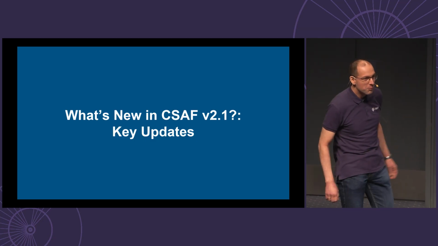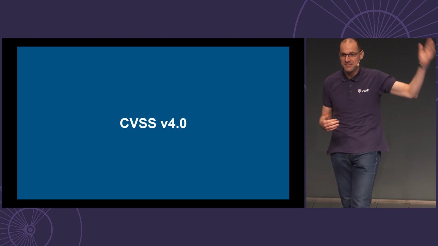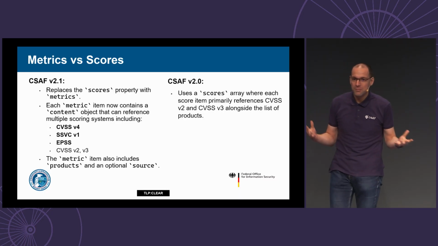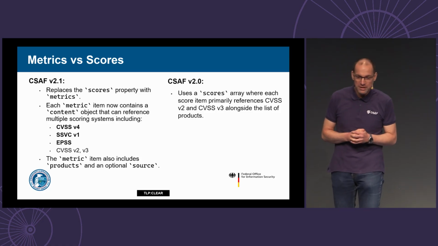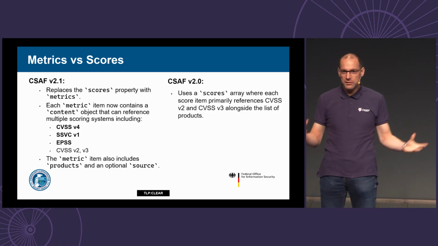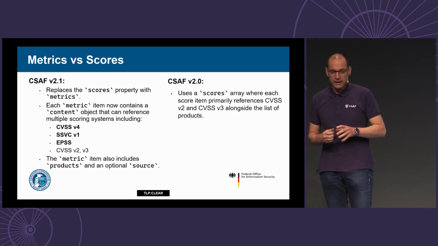Yeah, so one update you all have been waiting for, there it is: CVSS 4.0. But we thought, if we're doing an update to the scores, maybe let's take a broader approach. We completely reworked the section, went from scores to metrics.